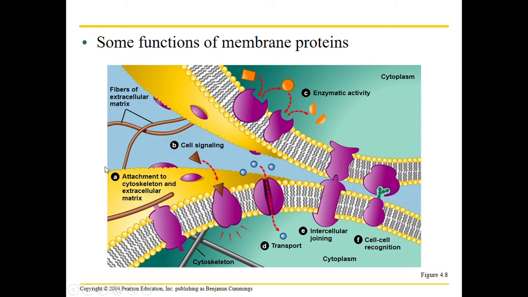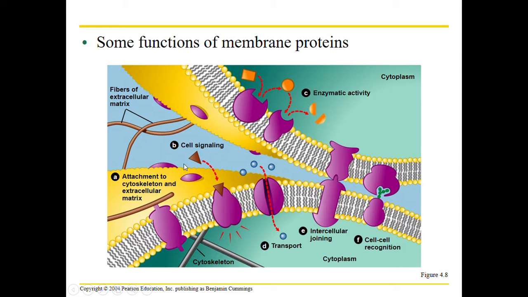So A, now we're going to talk about A. We have a cytoskeleton inside of the cell that helps give the cell its shape. It helps send things in and out. On the outside, we have an extracellular matrix that can help hold cells in position where they are in a tissue. So that's the first part right here.